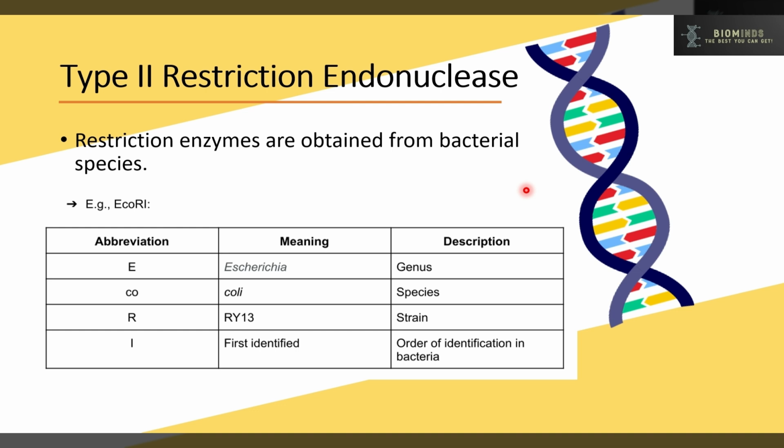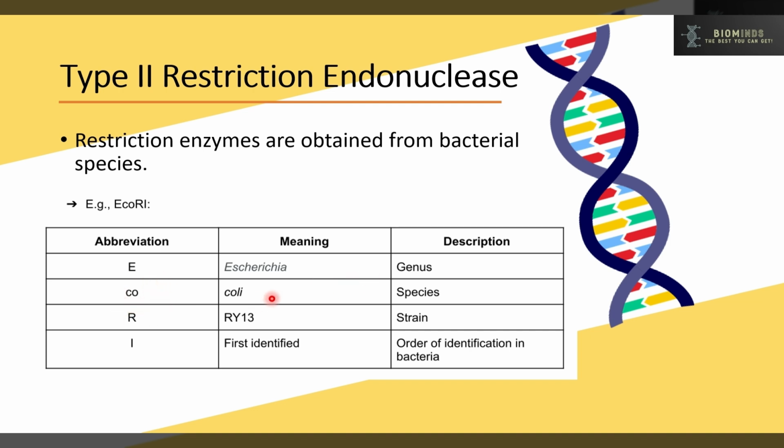This type 2 restriction endonuclease, we obtain from various bacterial species. Based on which bacteria we are using, we name that particular restriction endonuclease after the bacteria. Suppose I take an example, EcoR1. Here we have the abbreviation, meaning, and description. E stands for Escherichia, which is the genus.